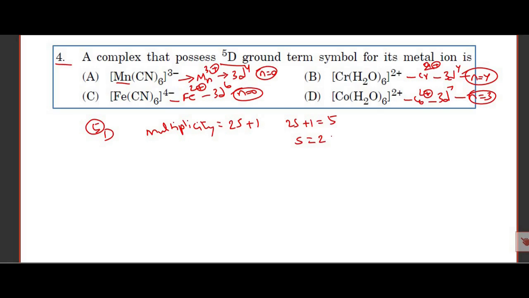S is equal to 2 means it should contain 4 unpaired electrons. Here 4 unpaired electrons are present in this complex. Hence answer B is correct.